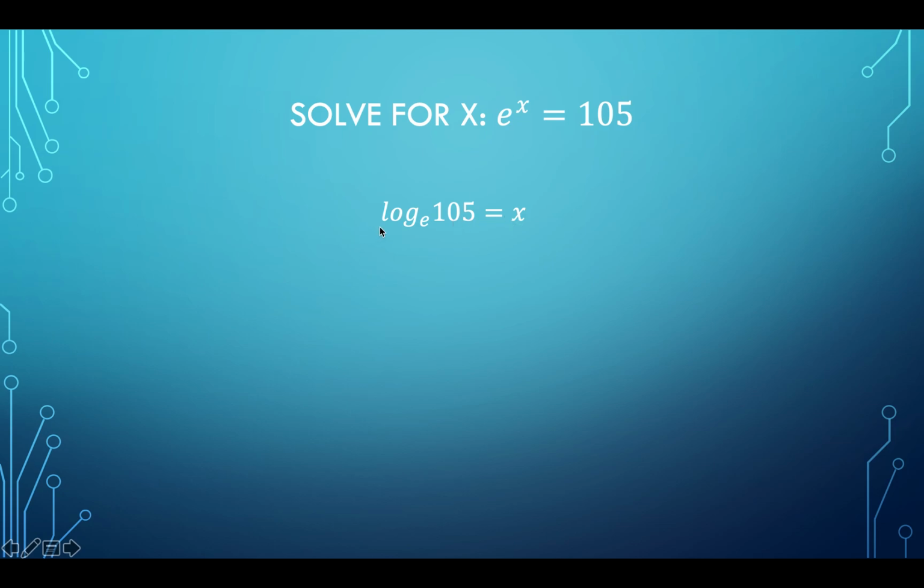Well, if we remember, I told you log base e is equal to ln. So now we're left with ln of 105 is equal to x. Now all we have to do is hit the ln button, type in 105 on our calculator, hit enter, and we find our x is equal to 4.65.